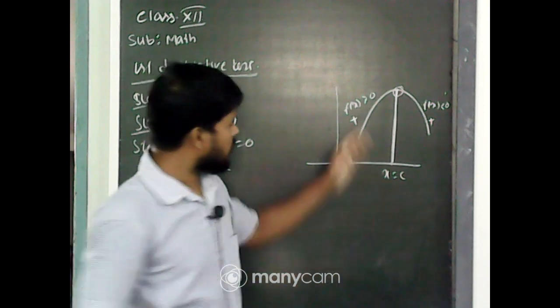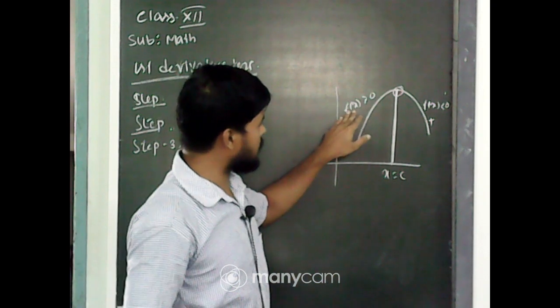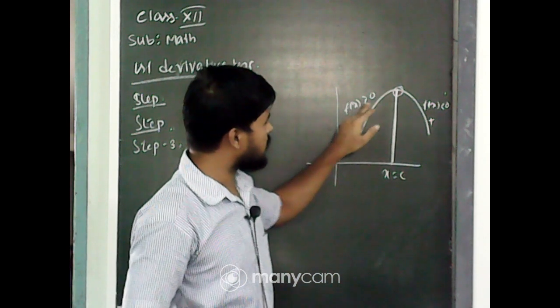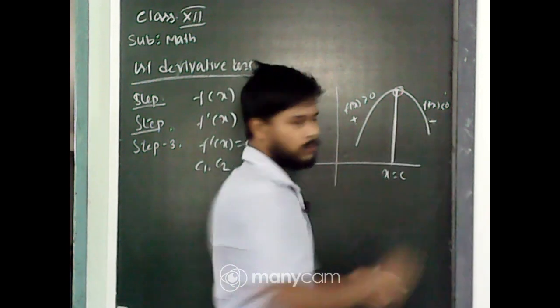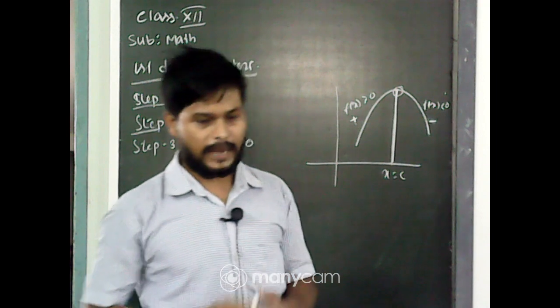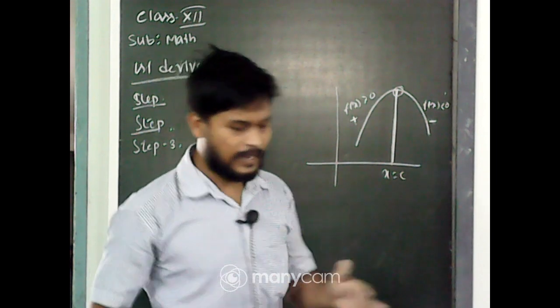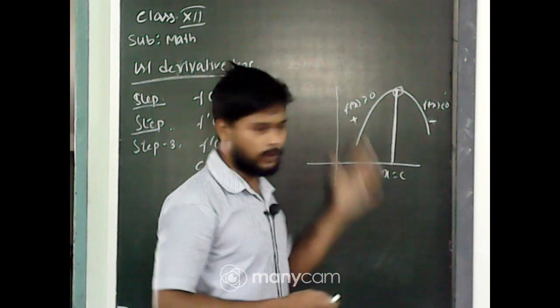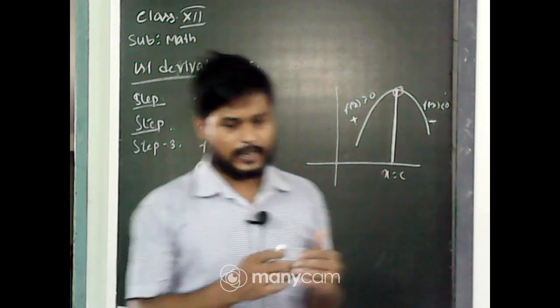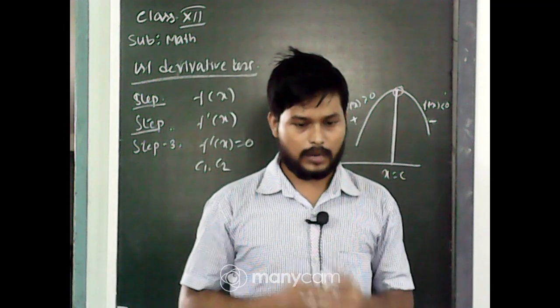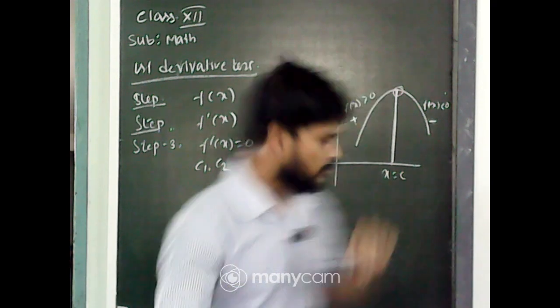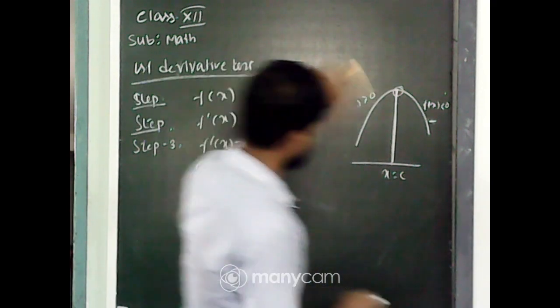So when the sign of f dot x changes from positive to negative, we have a maximum point there. And if the sign of f dot x changes from negative to positive, in that case we have a local minimum point.